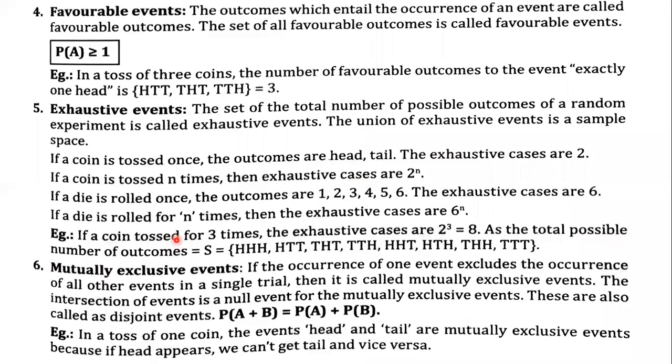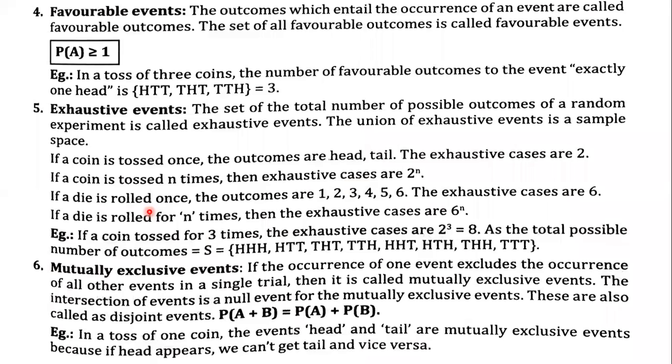Then if I roll a dice, if we are playing snake and ladder or ludo, the dice will have 6 numbers. So the result can be any number from 1 to 6. So there are 6 exhaustive cases here. One time if I roll, I get any one number out of 6.